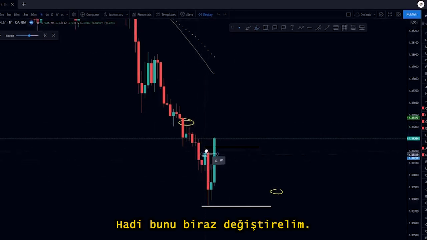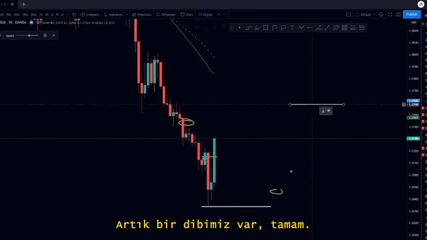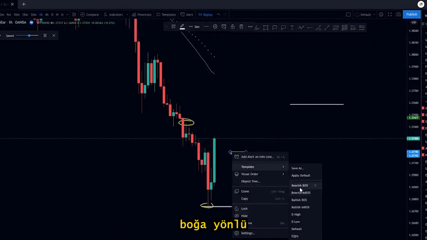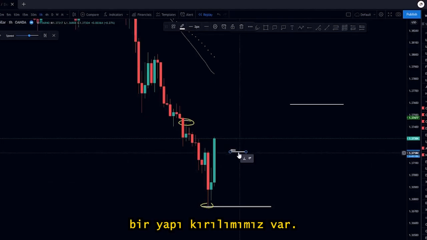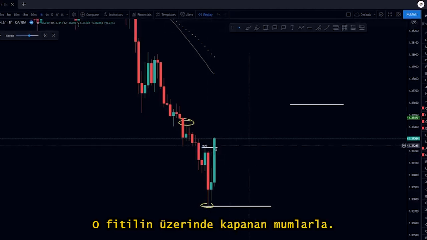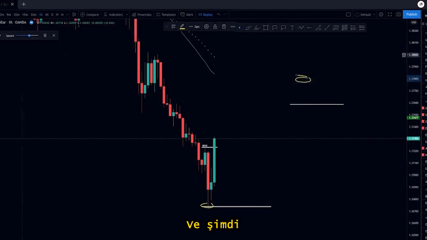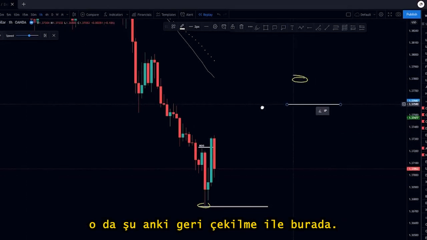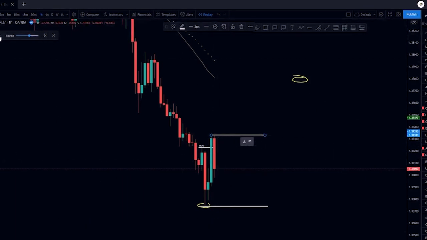Okay, so let's switch this up a little bit. So now we have our low. Okay, we have a bullish break of structure in this case, right, with candles closing above that wick high. And now we want to try and determine our next high, which is now over here with this current retracement.